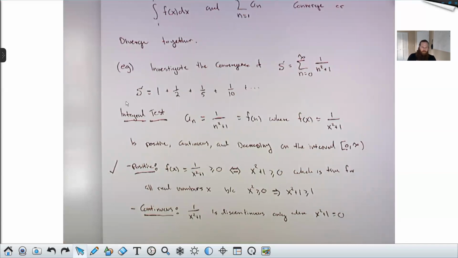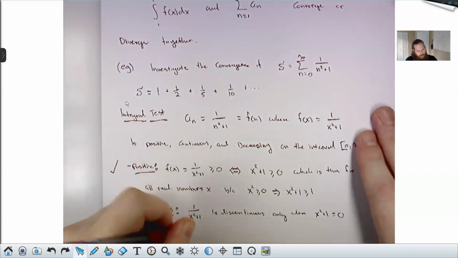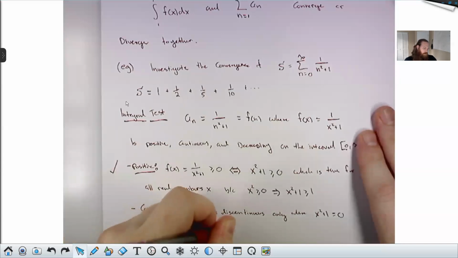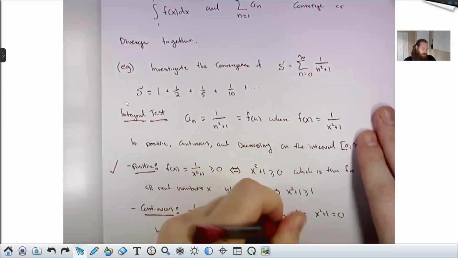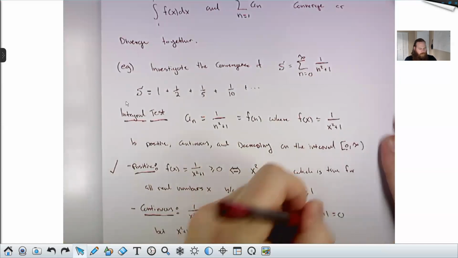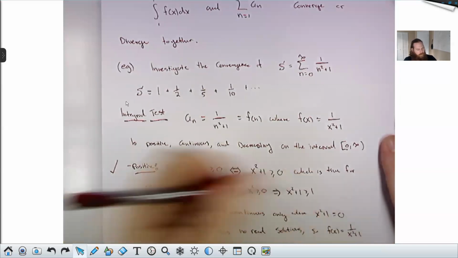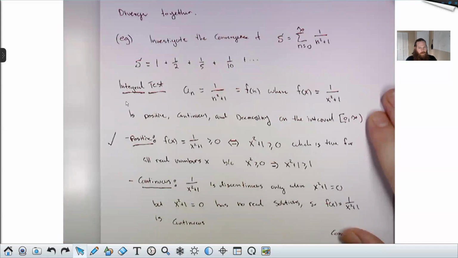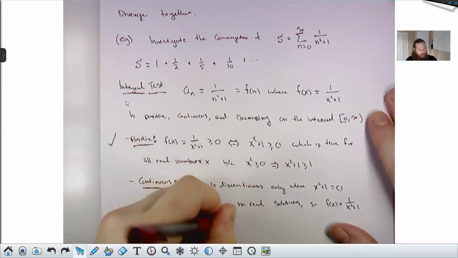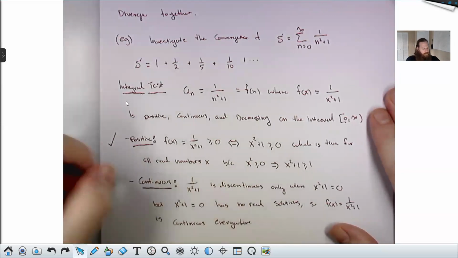Well, x squared plus 1 is never 0. This has no real solutions. So f of x equals 1 over x squared plus 1 is continuous, not just on the interval 0 to infinity, but everywhere. So it's a big old checkaroonie.